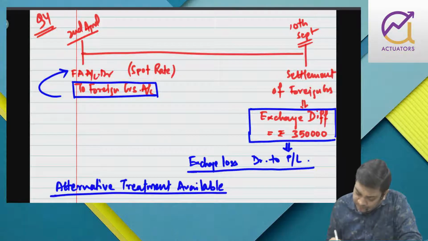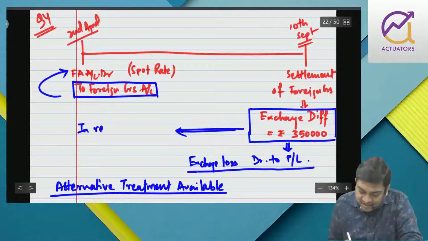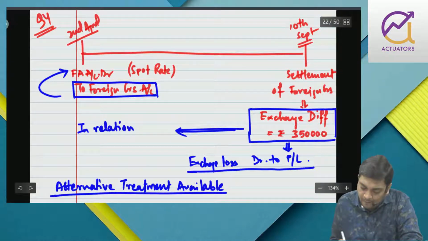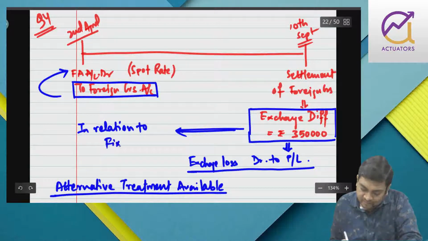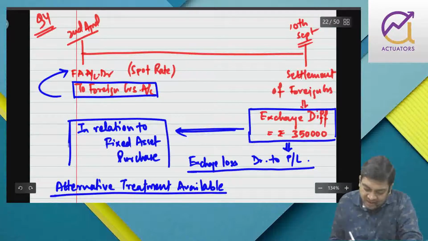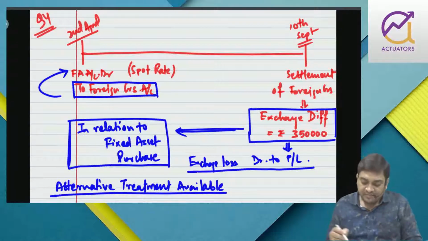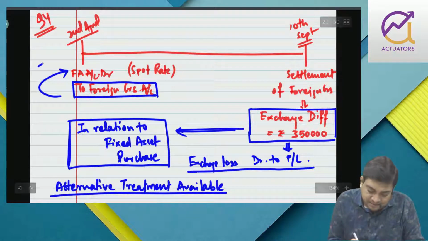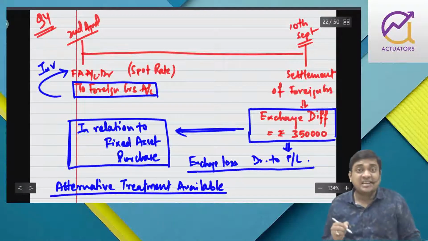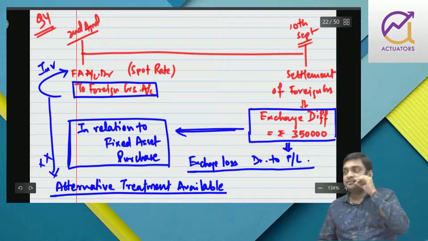So this exchange difference is in relation to fixed asset purchase. Whenever there is any exchange difference in relation to fixed asset, if against this I would have purchased inventory, then this alternative option would not have been available.